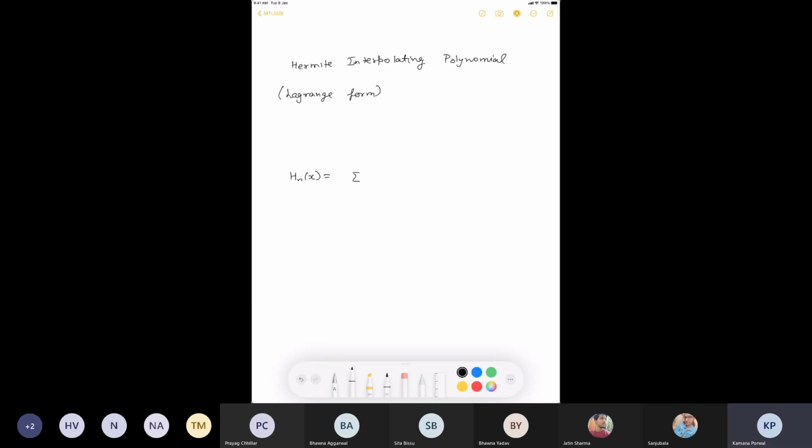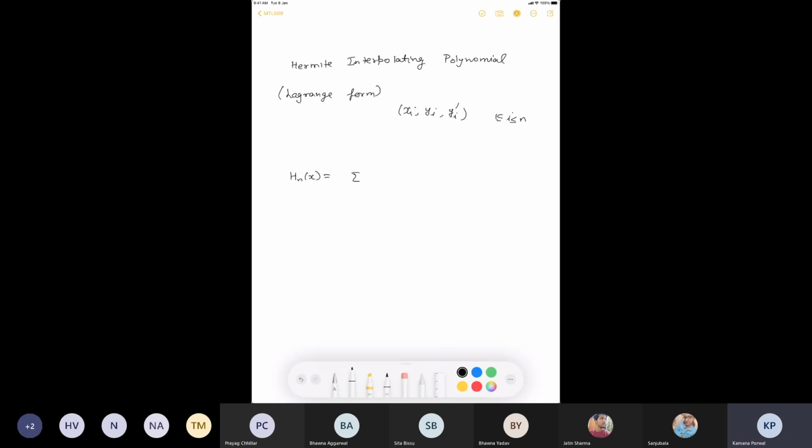We have the data as xi and the functional evaluation at xi and the derivative of the function at xi. Right? So we get this form of the polynomial.